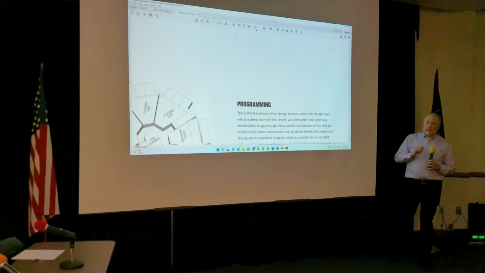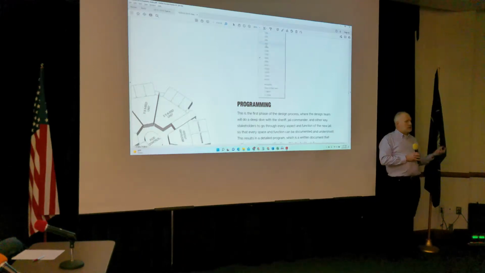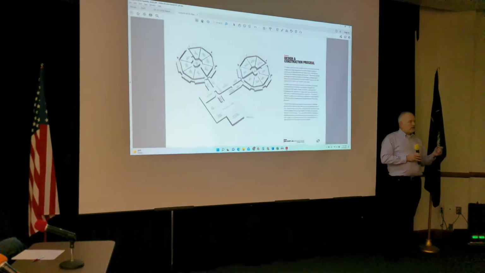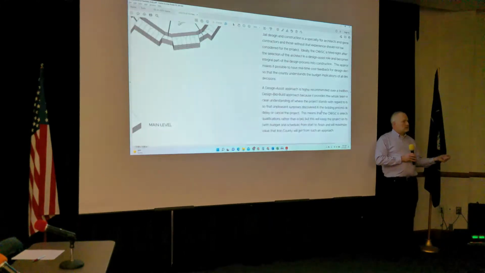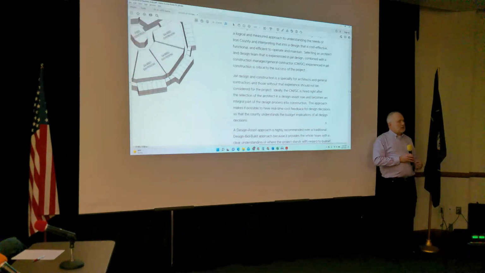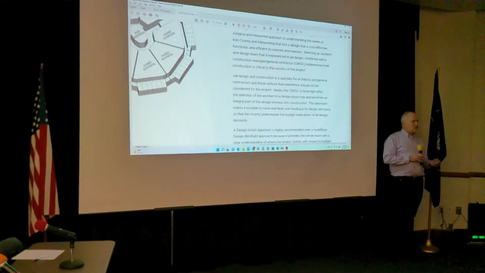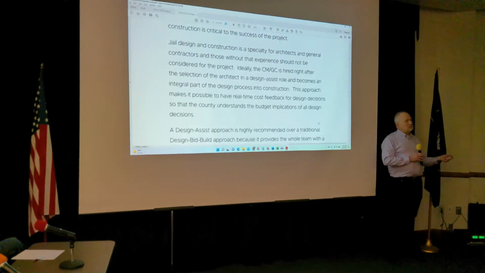The other thing I'd like to mention in terms of the design and construction process: jails are very specific. It's a very specialized type of design, both for the design side, for architects like myself, but also on the construction side. Not every contractor builds jails, and it's important that the architect and the builder that you select for this project are experienced in this building type, because of the level of detail.